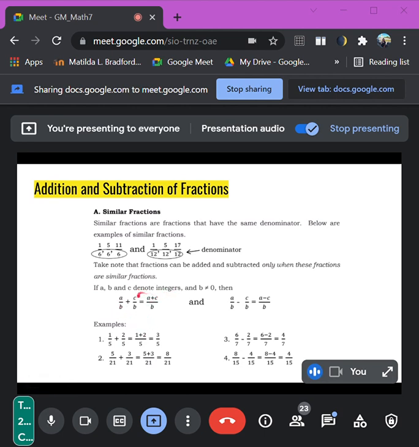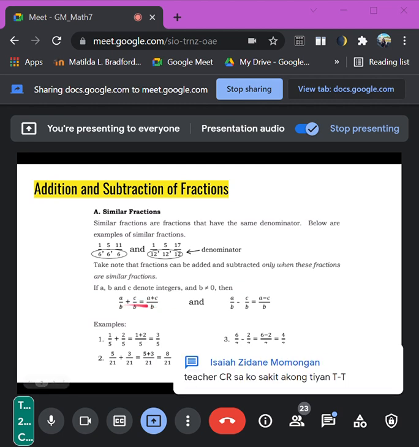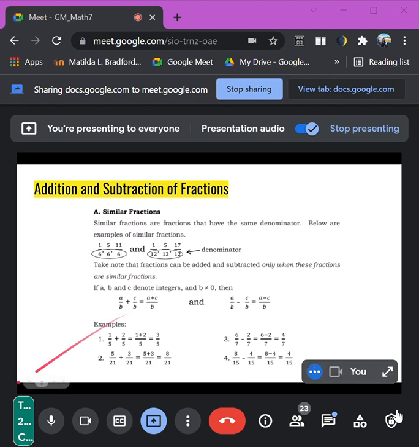That is for addition, in which you are just simply going to add your numerators and then just copy your denominator. Okay? Add the numerator and then copy the denominator since they have the same denominator. Yes, momongan. On the other hand, we have here our subtraction.